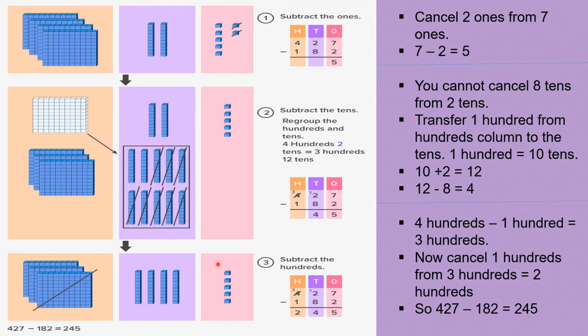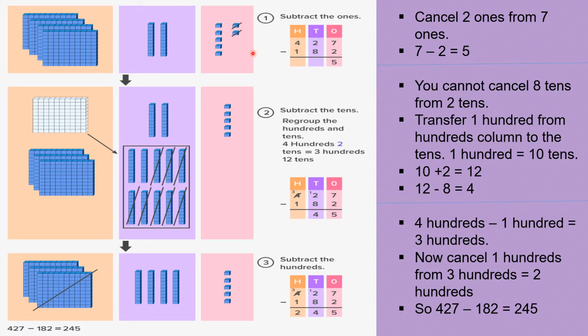So I'm done with the ones, 5 ones. I'm done with the tens, 4 tens. Now let's look at the hundreds. Initially, how many hundreds did we have? We had 4 hundreds, from 427.